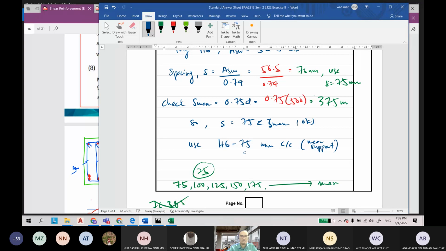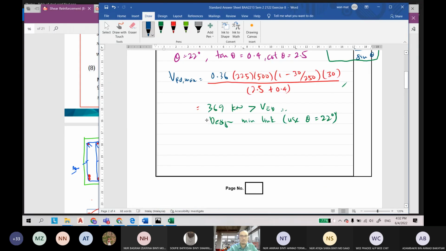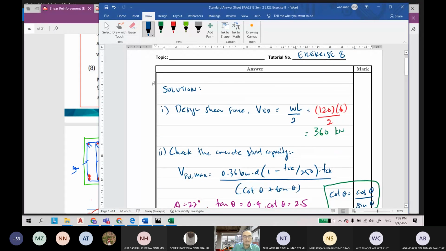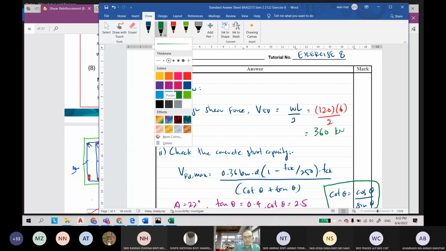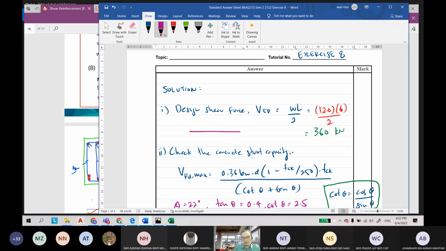Near the support the spacing is closer because of the value of the shear force. Be careful, this is our shear force diagram. The maximum shear occurs near the support. Let's say this is a support and this is also a support.